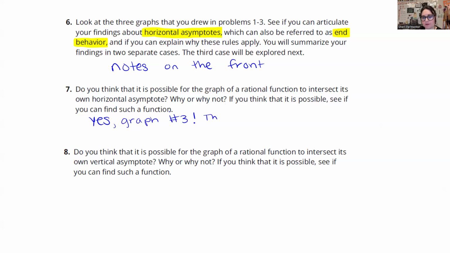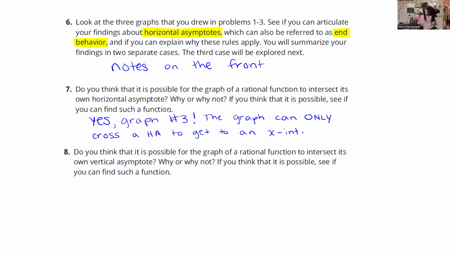So the graph can only cross a horizontal asymptote to get to an x-intercept. This is rare. It doesn't happen very often.